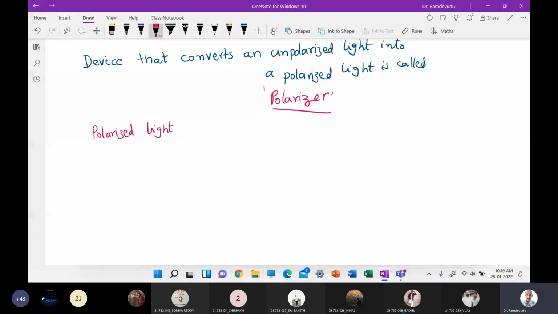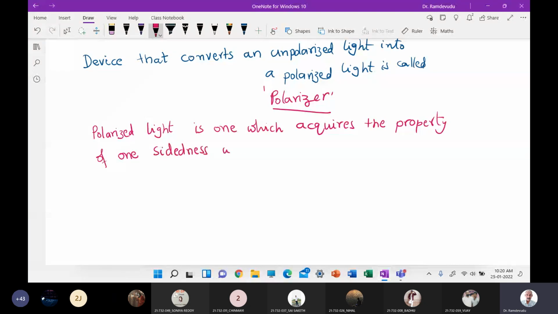Now we will look at polarized light. A polarized light is one which acquires the property of one-sidedness with respect to vibrations of E vector.